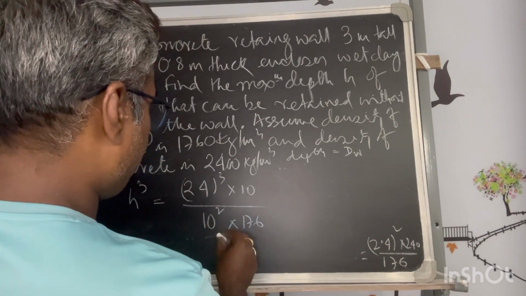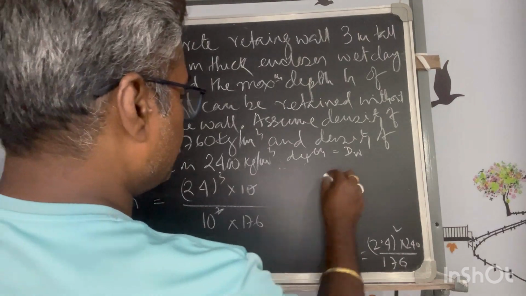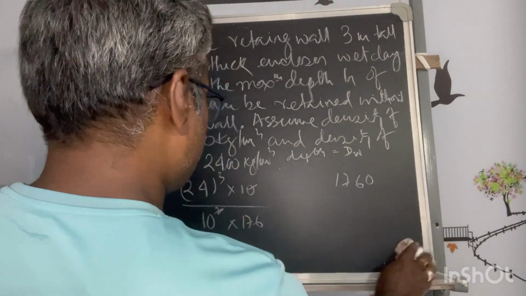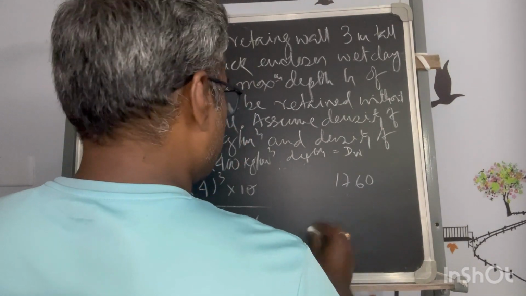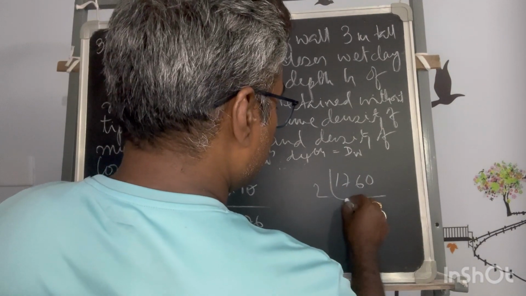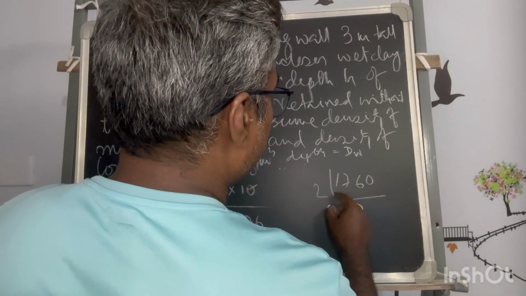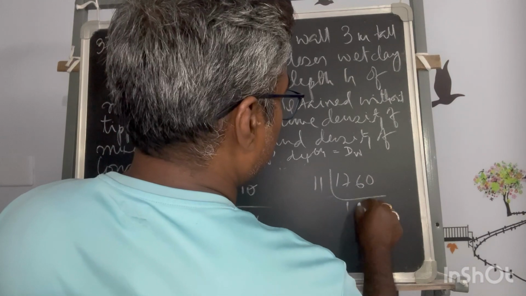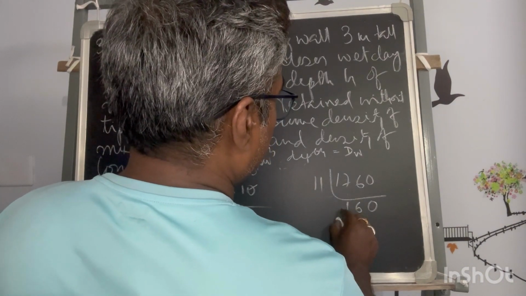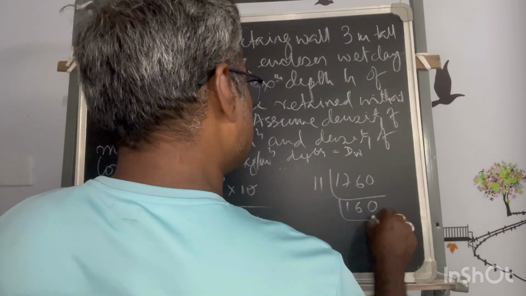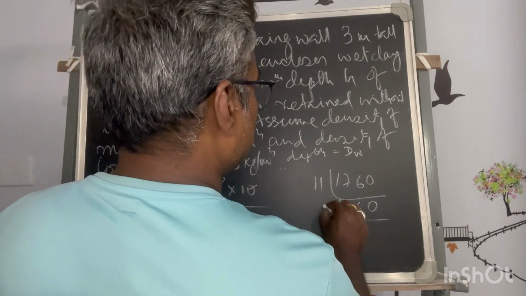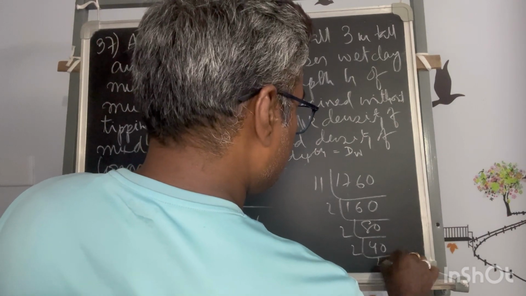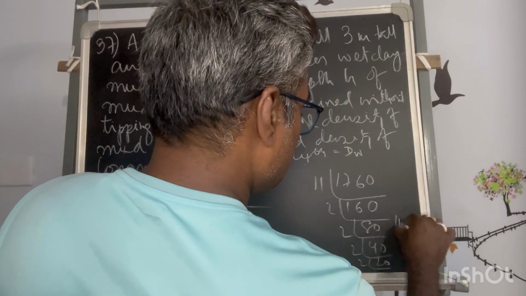So the cube root of 24, 176 cube root. 11 6 0, 60 280, 240 220 210 25.